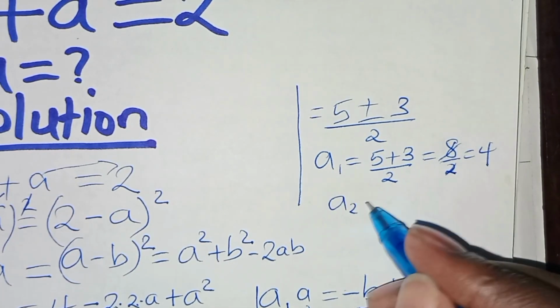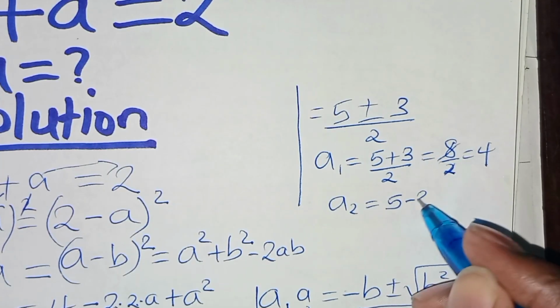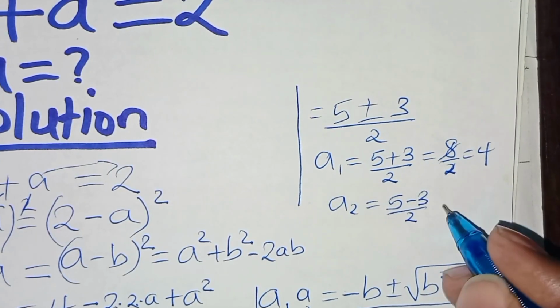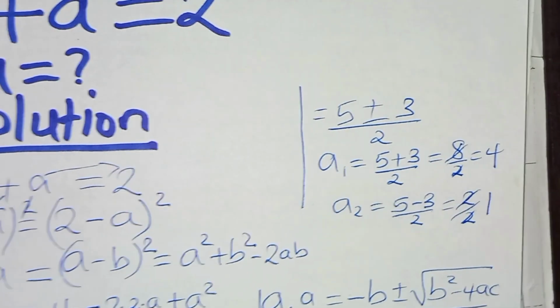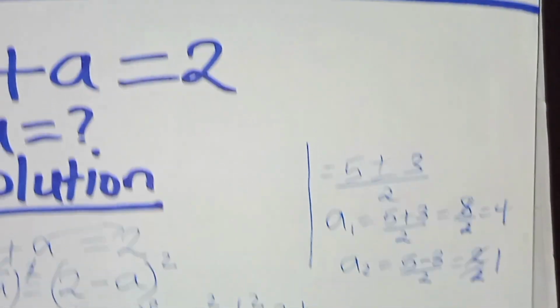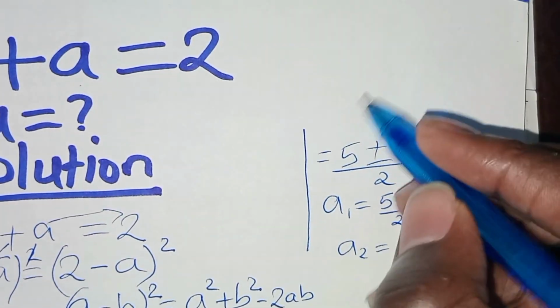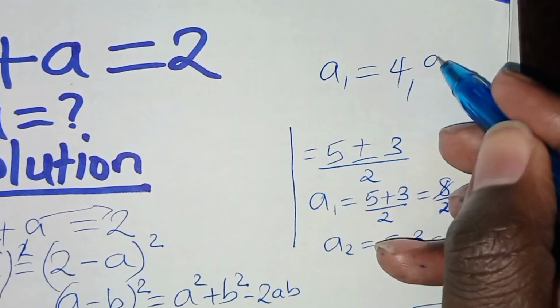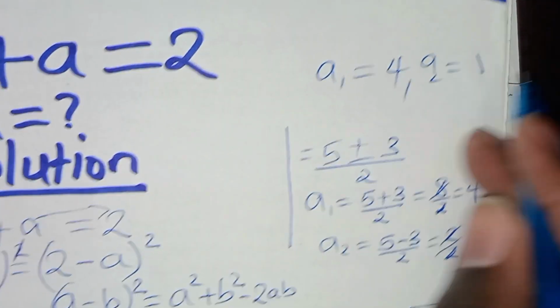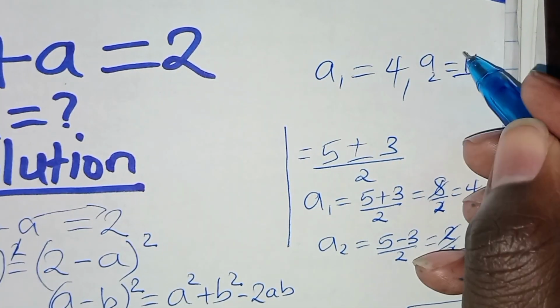And A2 is equal to 5 subtract 3 divided by 2, which is equal to 2 divided by 2, and this is equal to 1. So we have two solutions here: A1 is equal to 4 and A2 is equal to 1.